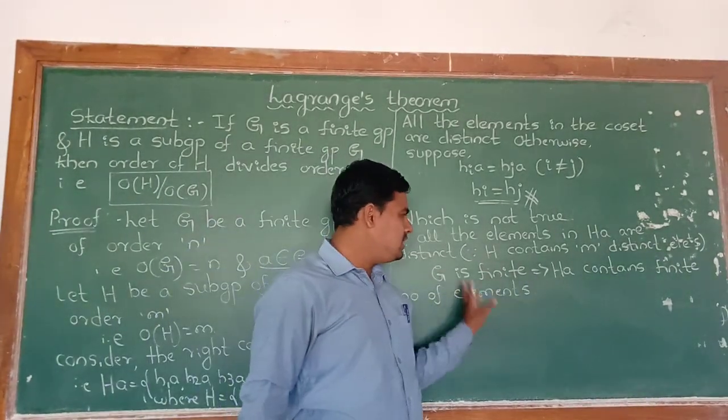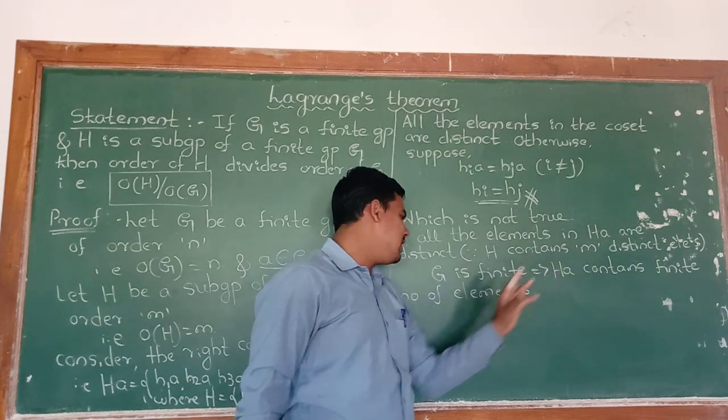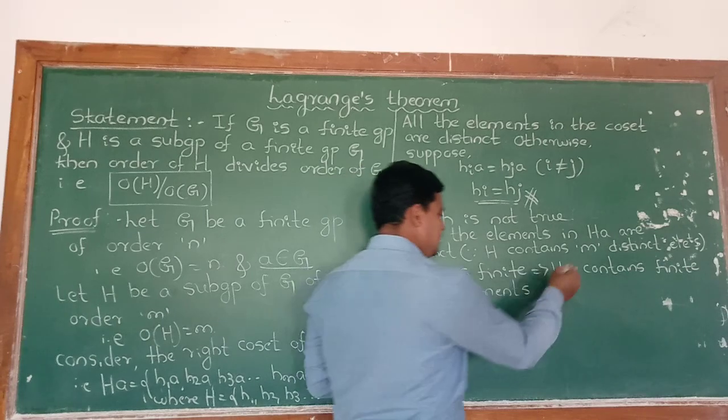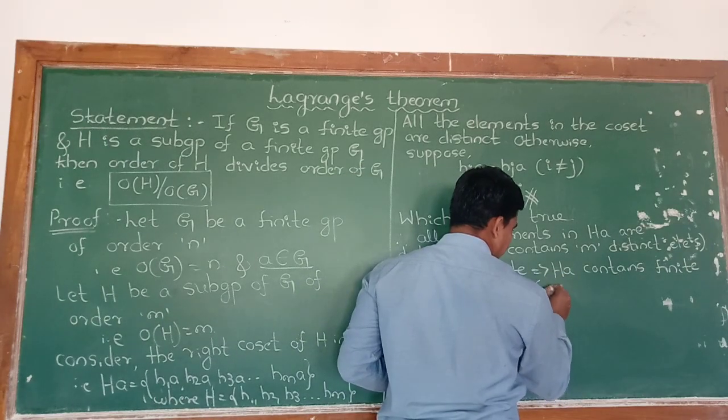That implies Ha, the right coset, contains a finite number of elements. If G is finite, then Ha obviously contains a finite number of elements. I will take the number as k.